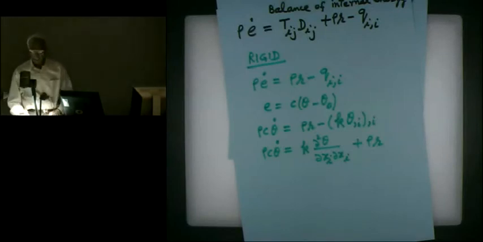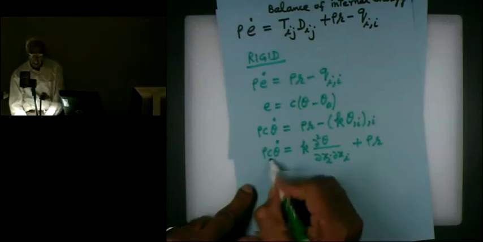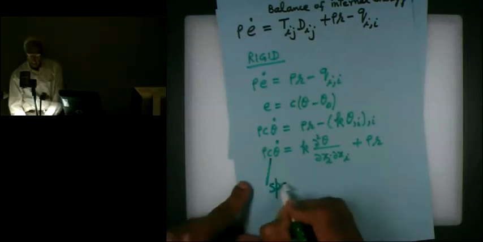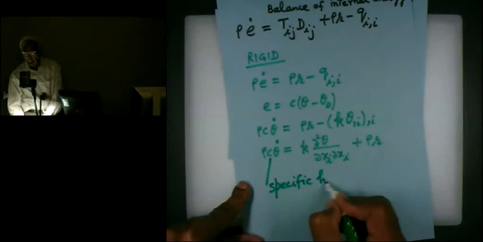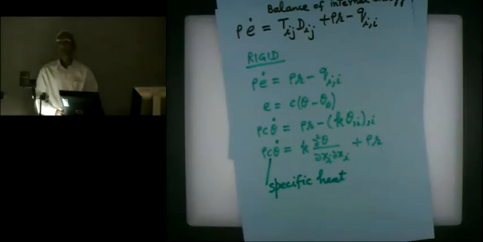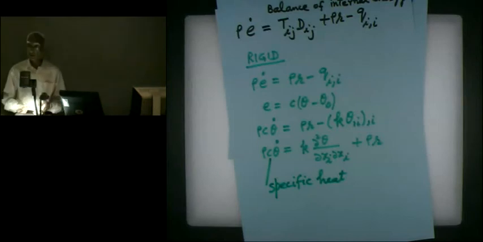So C is called specific heat. I assume you probably have come across the word specific heat. And what about K? K is thermal conductivity.